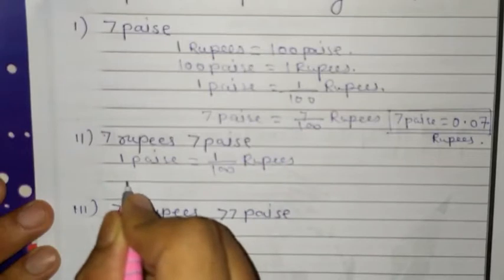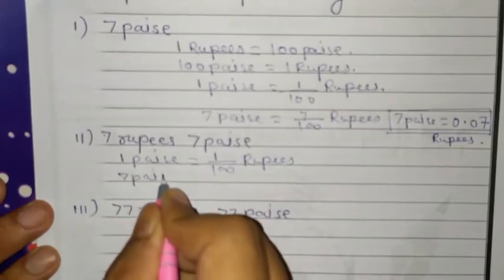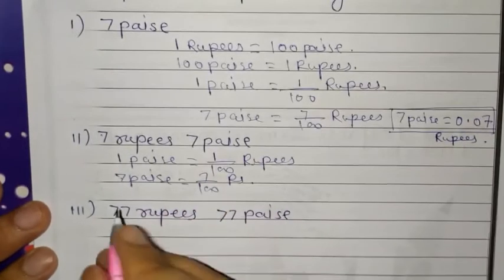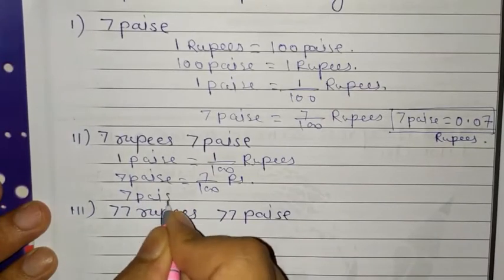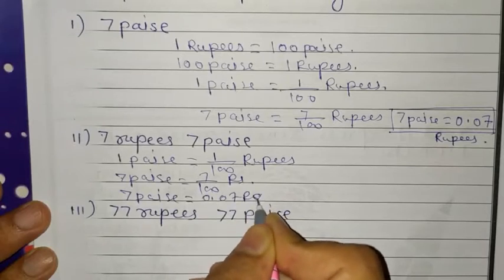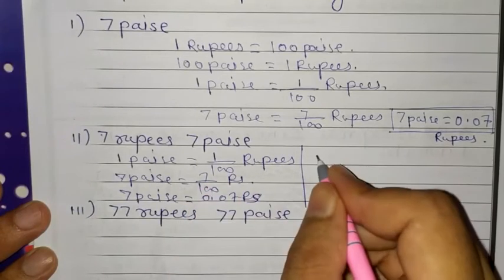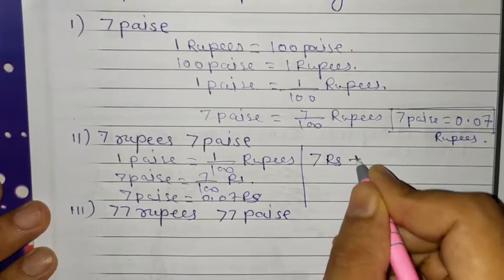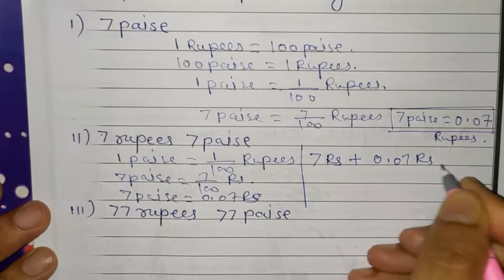So what about the 7? 7 paise equals 7 upon 100 rupees, so it means 7 paise equals 0.07 rupees. Then 7 rupees and 7 paise means 7 rupees as it is plus 0.07 rupees.